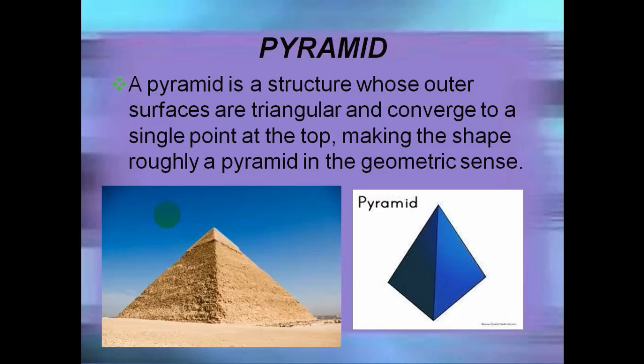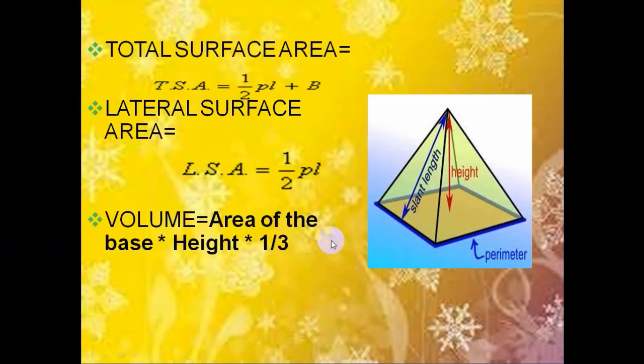Now pyramid. A pyramid is a structure whose outer surfaces are triangular and converge to a single point at the top, making the shape roughly a pyramid in the geometric sense. You see over here, this is a pyramid shape, and now the total surface area for this shape is 1 over 2 multiplied by P L plus B. P is the perimeter, L is the slant length, and h is the height.